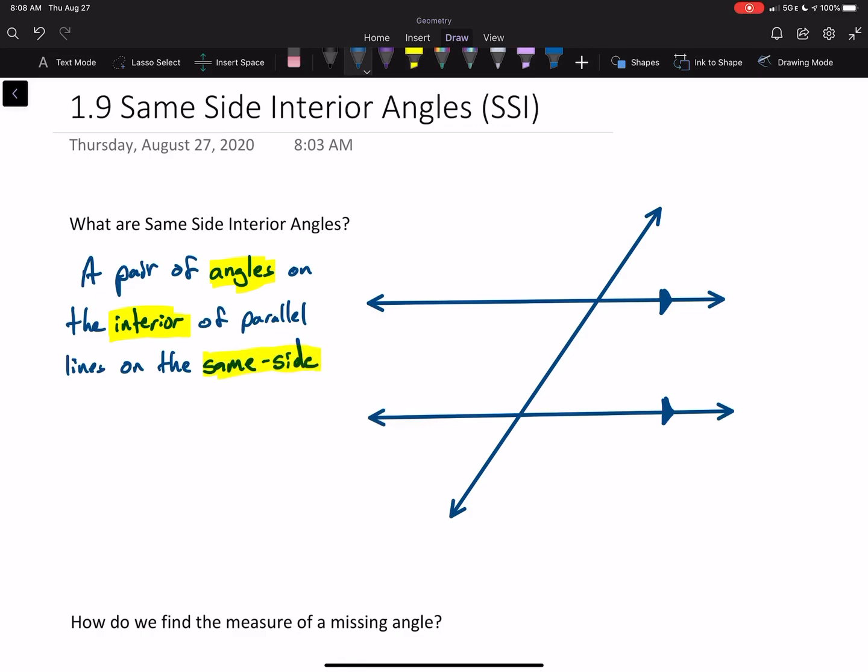Same side of the transversal. All right, so remember this is T, this is the transversal right here. And these are the parallel lines.